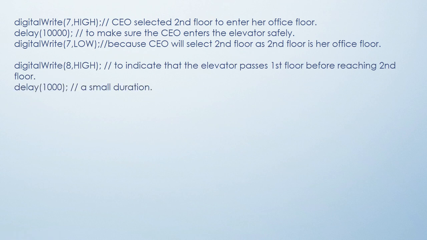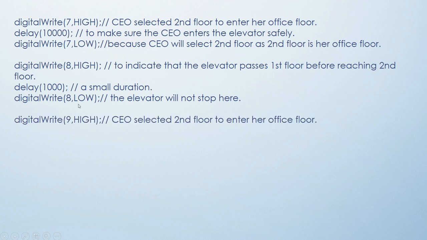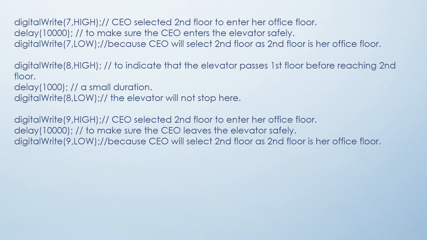And we know that from ground floor to second floor, which means pin number 9, the elevator has to pass the first floor. That's the reason why pin number 8 will be indicated for just a small duration, just on and off. And after this small duration, pin number 9 will be activated, which means the CEO will be able to reach the second floor, and then she will leave the elevator.